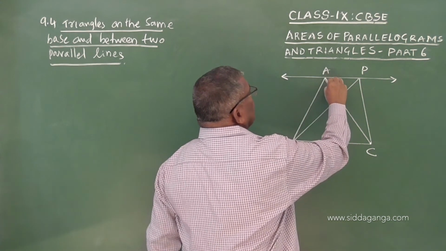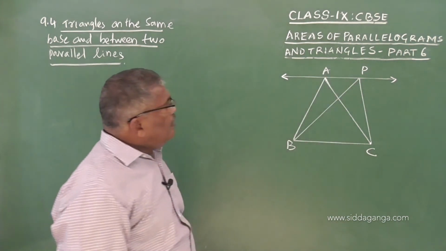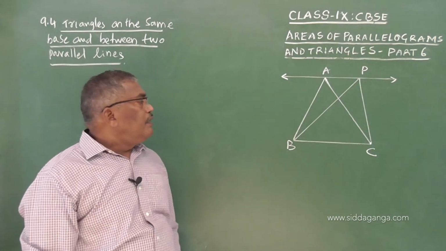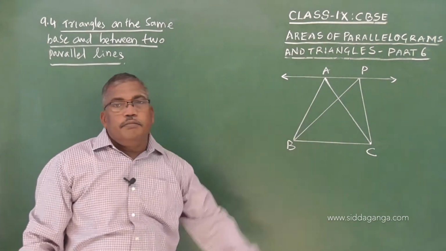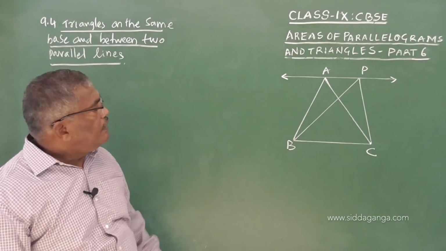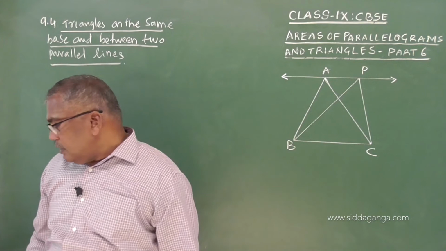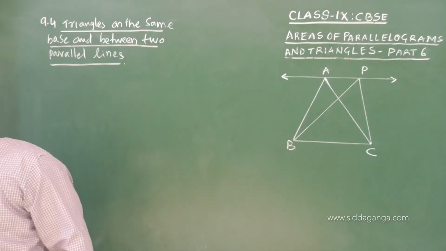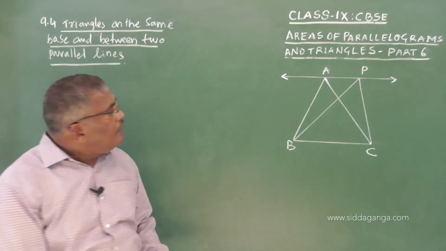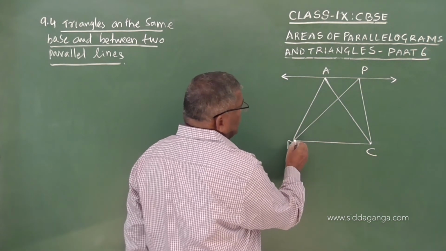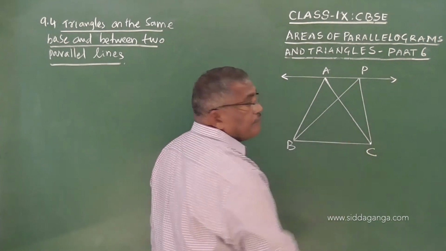In this figure, there are two triangles ABC and PBC, and BC is parallel to AP. So, there are two triangles which are between parallel lines, and they are resting on the same base BC.